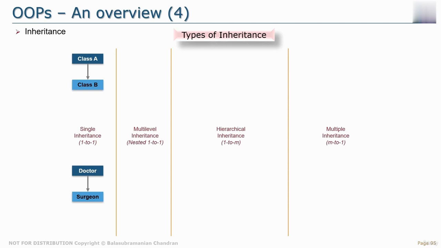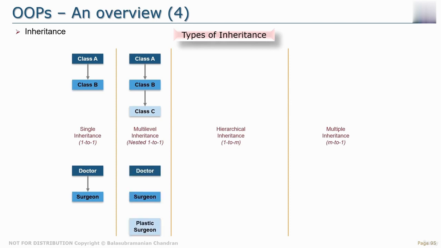How does multi-level inheritance work? Let's assume we have three classes, class A, class B, and class C. Class C is derived from class B and class B is derived from class A. Here, class B will have the properties of class A and class C will have the properties of both class A and class B. For example, we have three classes: doctor, surgeon, and plastic surgeon.